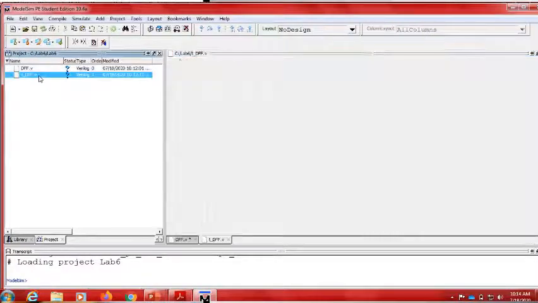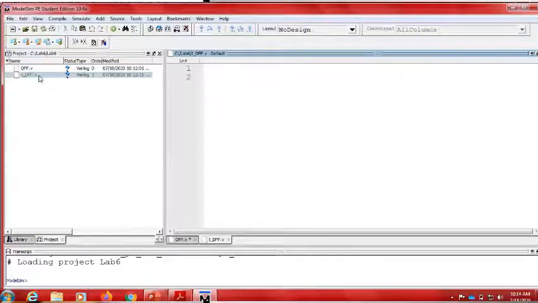Now let us see the test bench. The test bench starts with module T underscore D flip-flop and a semicolon, and we're going to end this with end module.